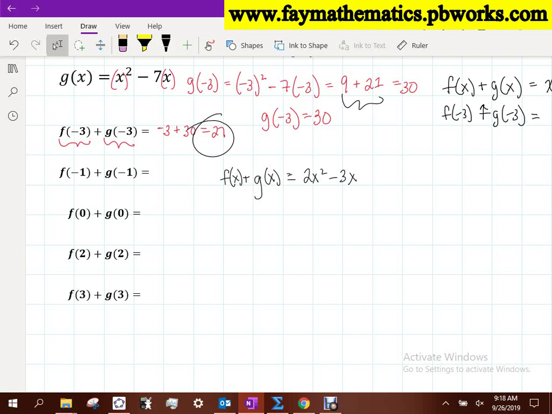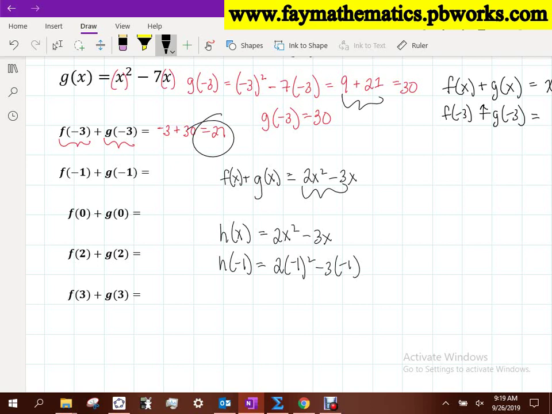We like to eventually, instead of referring to it as f of x plus g of x all the time, this is actually a new function. So let's call it a new name. Let's call it h of x. You call it whatever you want to, but usually h is the next one that they use. And now when they say find f of negative 1 plus g of negative 1, well, that's asking the same question as find h of negative 1.